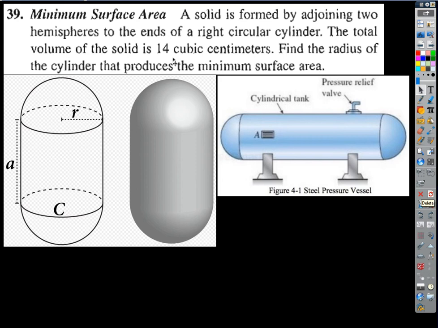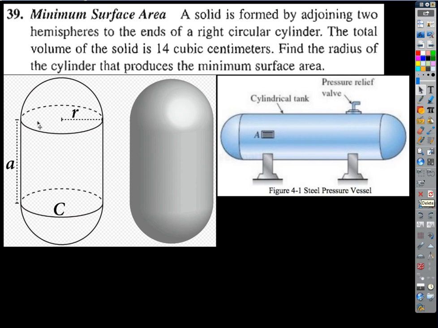If we break this up into dimensions, the radius of the cylinder is also the radius of the hemispherical caps, and the only other dimension would be the height of the lateral part of the cylinder. But it doesn't even ask about that. It just wants the radius of the cylinder that fits that constraint and minimizes surface area, right?